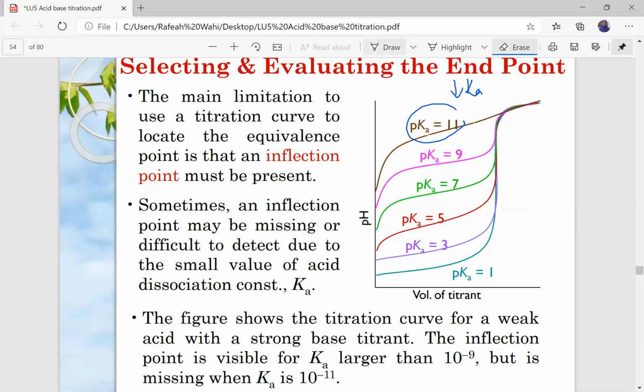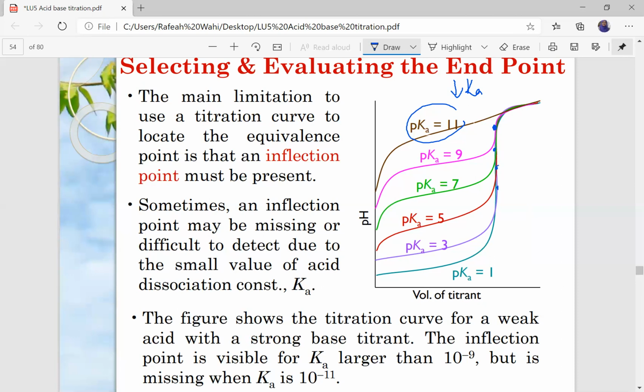Whereas if you look at pKa 9 here, meaning it has slightly higher Ka compared to pKa 11, you still have your inflection point where you can determine the equivalence point. The same goes with the green line here, red one, purple, and aquamarine line here.